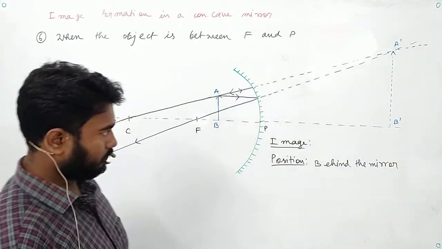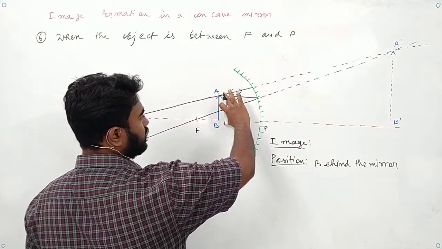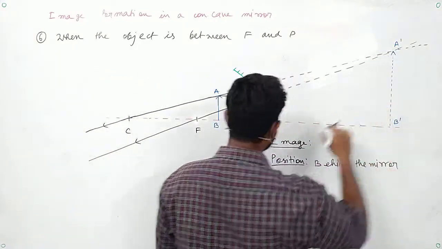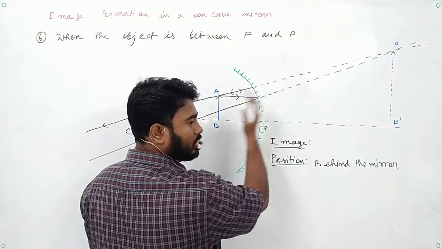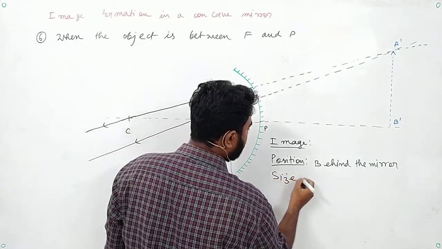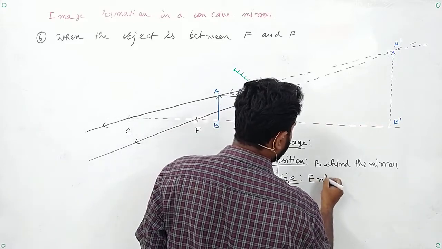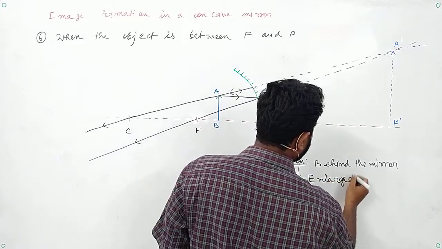Okay. Next, this is the object, this is the image. So the image is larger than the object. So what is the size of the image? The image is enlarged.